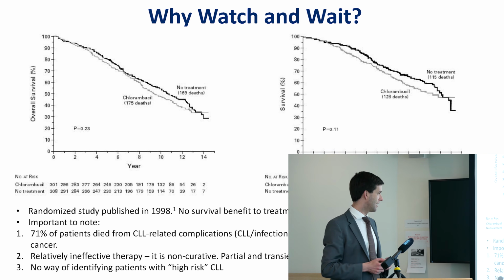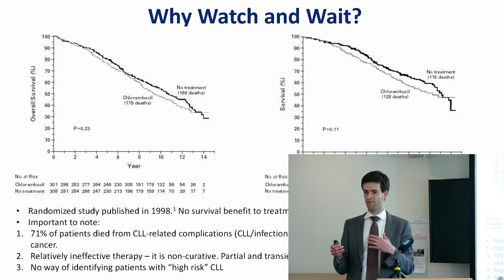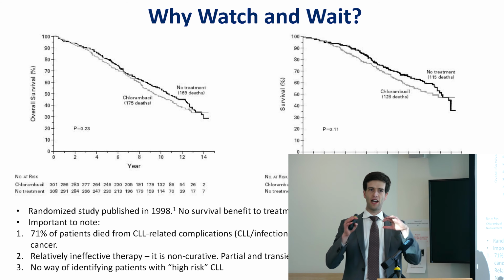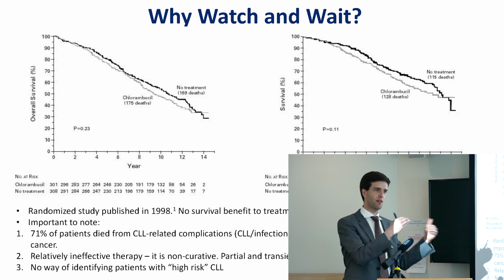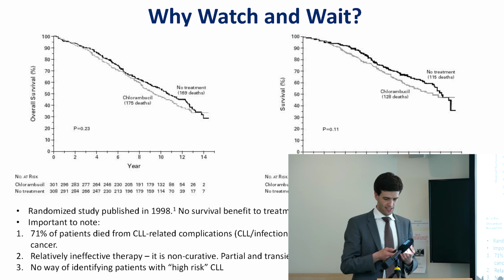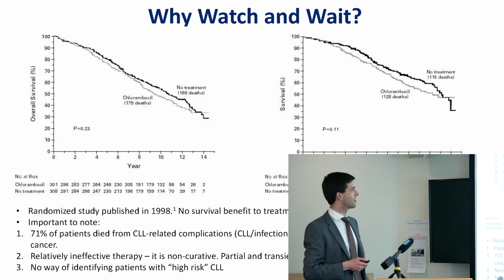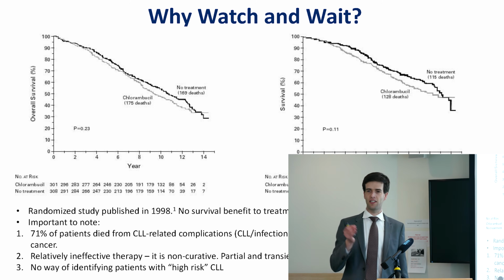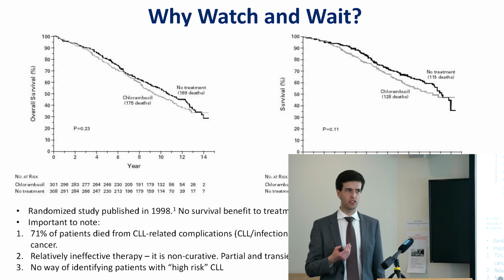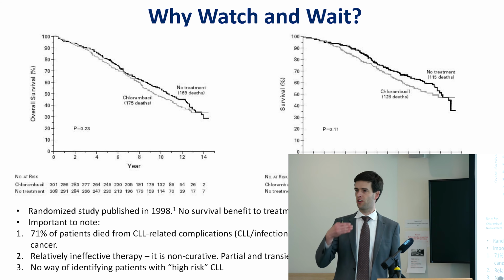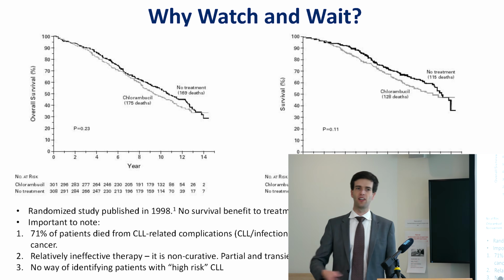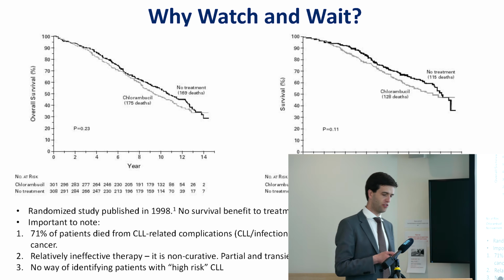This way, you generally have a well-matched population in each treatment group, so you can directly compare the results. And what was done is that patients were randomized at diagnosis to either get treated immediately with a chemotherapy drug called chlorambucil, or wait until they developed significant disease-related problems and then get treatment with chlorambucil.